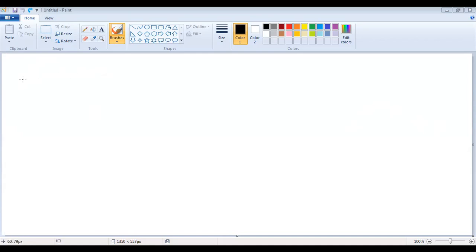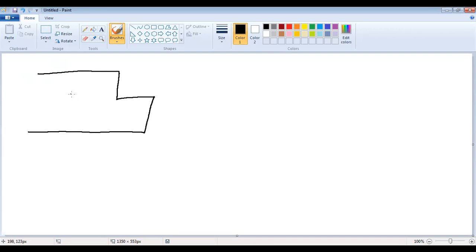I am quickly drawing the circuit. This is nothing but an armature.